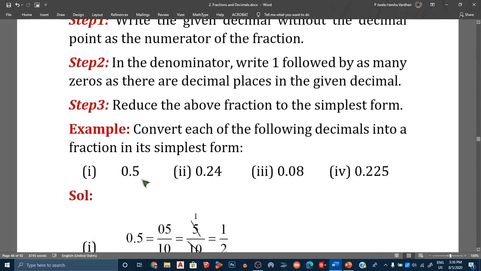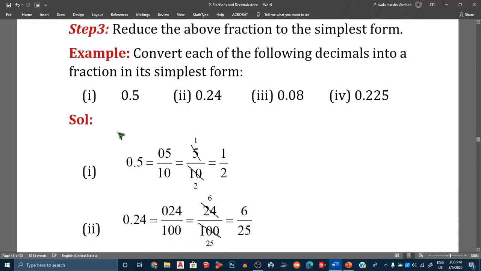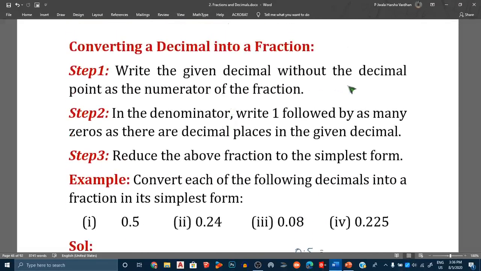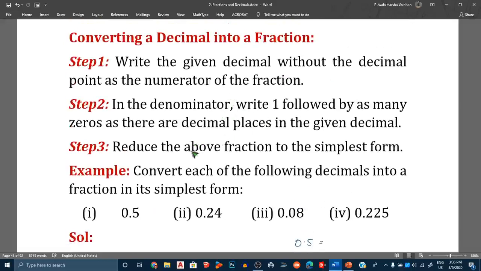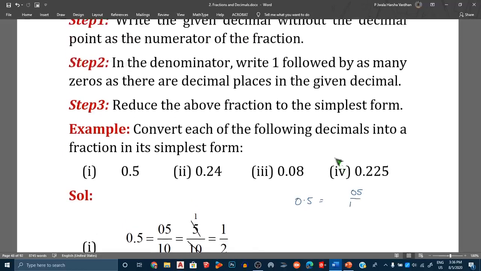So let me explain these 3 steps in this example. Take 0.5. What is the first step here? Write the given decimal without the decimal point as the numerator of the fraction. So remove the decimal point and write it as the numerator. Now what do you have to do in the denominator?